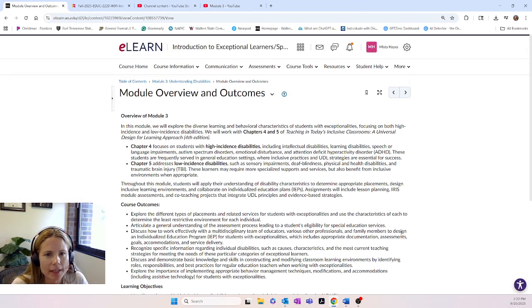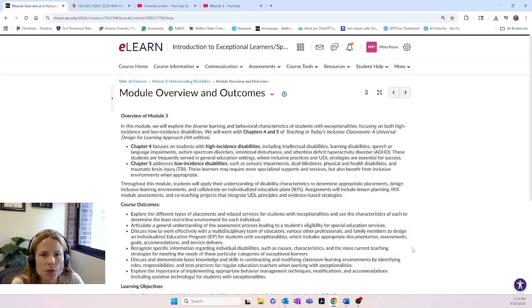So, jumping into Module 3, you are going to be reading two chapters. You will read chapters 4 and 5 from Teaching in Today's Inclusive Classrooms. As you see here in the overview, chapter 4 is really going to focus on students with high incidence disabilities. So, what do we mean by high incidence?